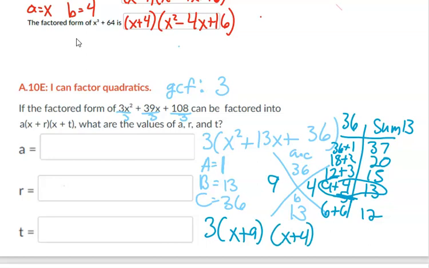We just move these numbers into the factors. So in this case, a would be your GCF of the whole thing. That's 3. r is 9, and t is 4. These could be in either order. When I gave you the answer choices on this one, it only gave you one or the other for each of the options.